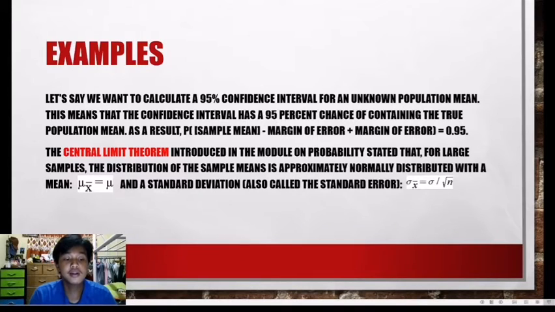The central limit theorem introduced in the module on probabilities stated that for large samples, the distribution of the sample means is approximately normally distributed with a mean equal to the mean in that sample, and the standard deviation, also called standard error.